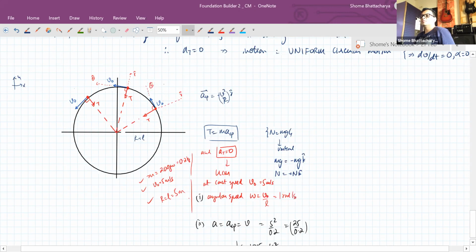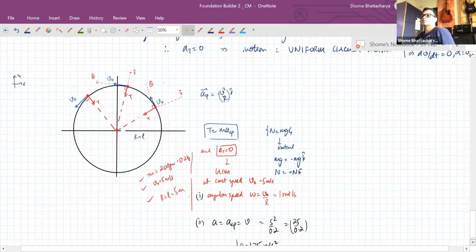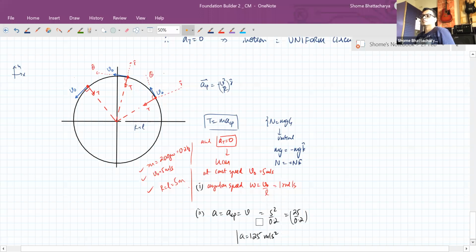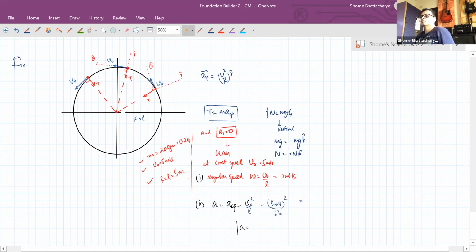So this should be 1 radian per second. Okay, so this is the net acceleration.